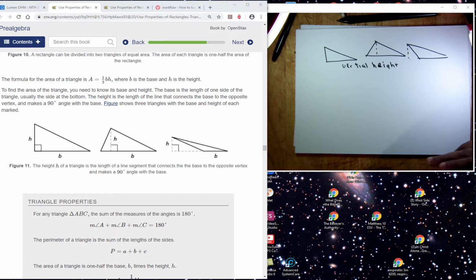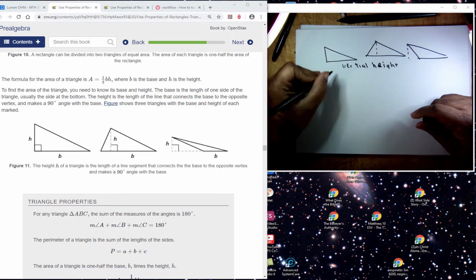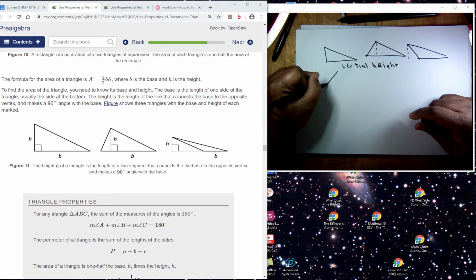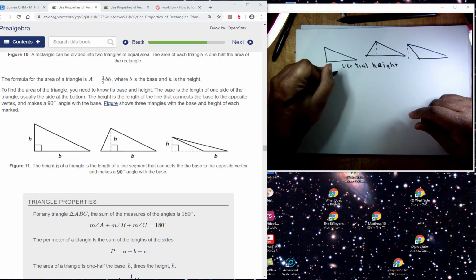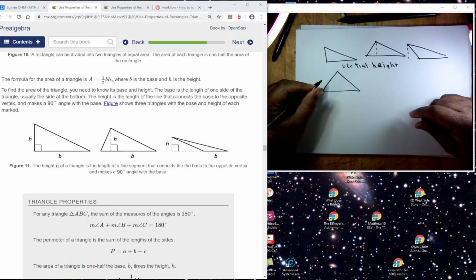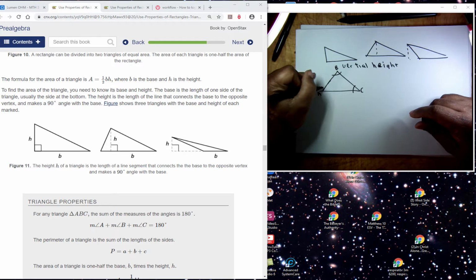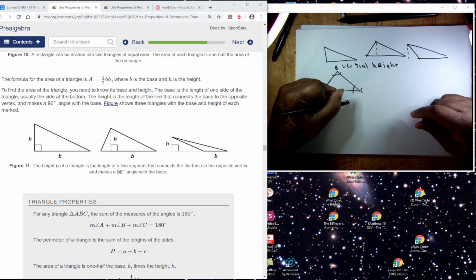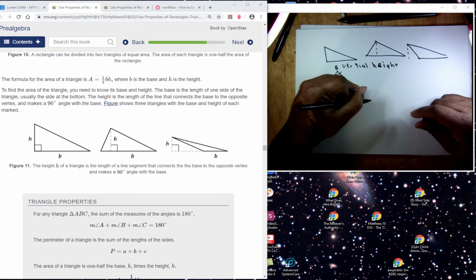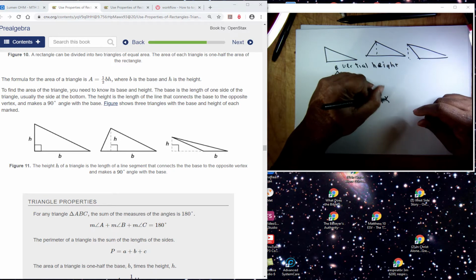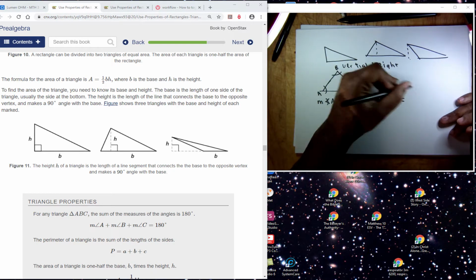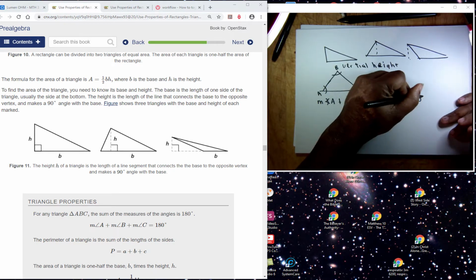Triangle properties. The sum of the angle measures inside of a triangle adds up to 180 degrees. So this was angle A, B, and C, the angles in here. The measure of angle A plus the measure of angle B plus the measure of angle C add up to 180 degrees.